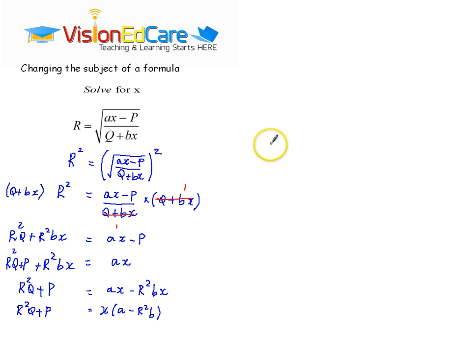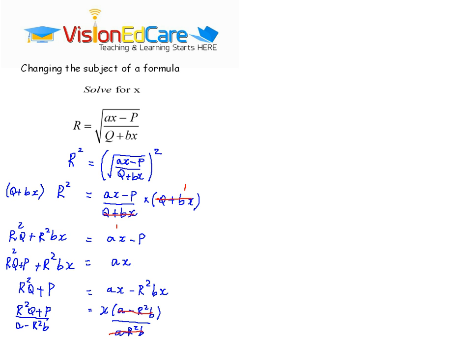So in this case, when I divide both sides by a minus r squared b, I can get x because these cancel out each other.